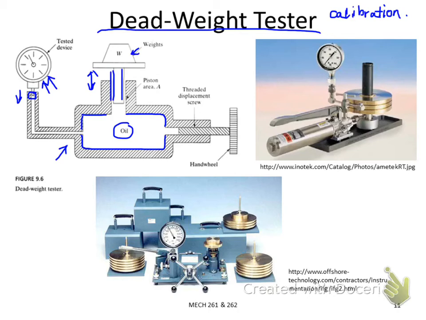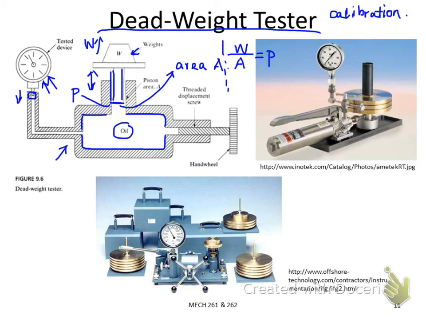Of course, if you increase the weight, and the weight is divided by the cross-section area here, so if we say the area here is A, W over A becomes the pressure here. So that's the pressure at this interface, right?